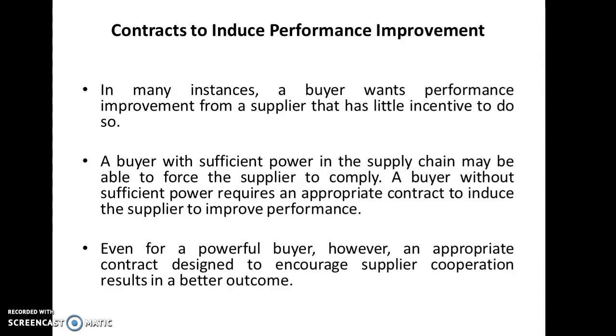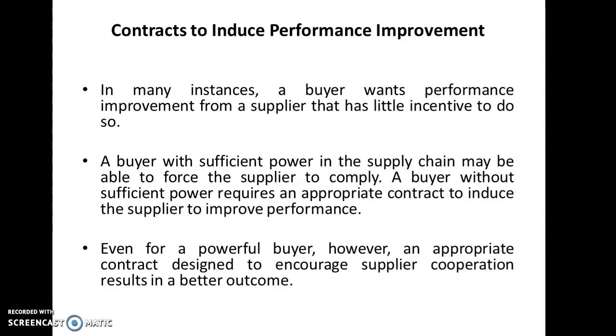So a buyer with sufficient power in the supply chain may be able to force the supplier to comply. That means if the manufacturer is the leading company in the industry, they may be able to force the supplier to comply with the performance.